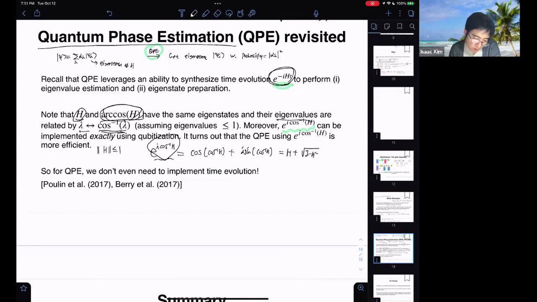And moreover, their eigenstates are also the same. So h and arccosine h just share the same eigenstates. So for preparing eigenstates, this is also more efficient. This was discovered, to the best of my knowledge, by two different groups in 2017. So it's a little trick, but a very useful trick.